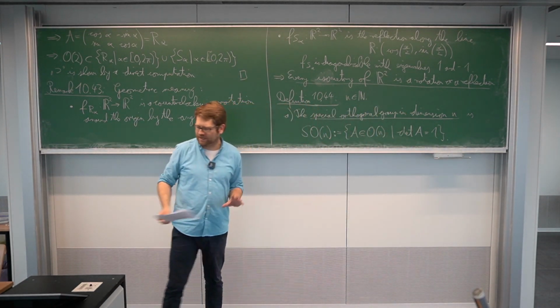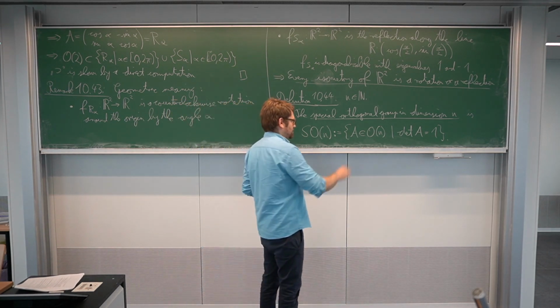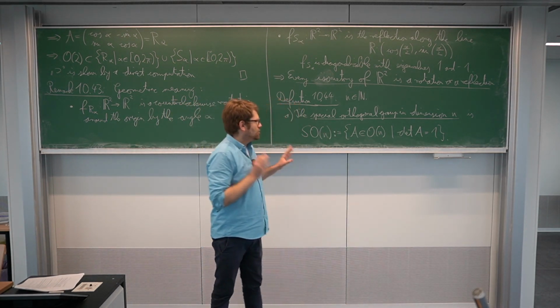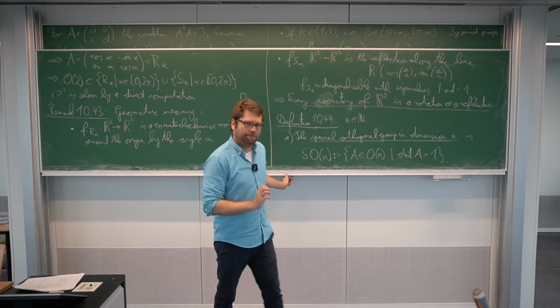Before we knew it was 1 or minus 1. That's not equivalent, of course, but here we just take the ones which have determinant 1. Okay, same for the complex setting. I have to erase quickly one last time, and then we do that.